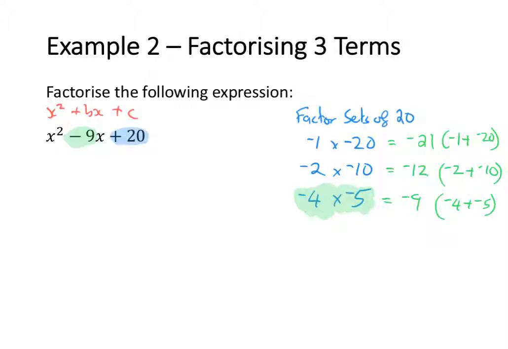Now I can complete my final step and write the factorised form using negative 4 and negative 5: x minus 4, x minus 5. So the factorised form of x squared minus 9x plus 20 is equal to x minus 4, x minus 5.